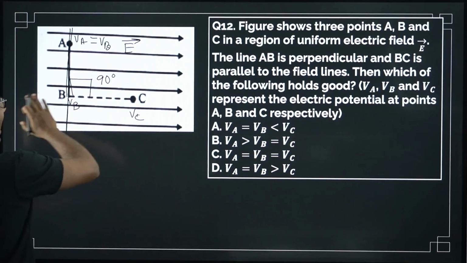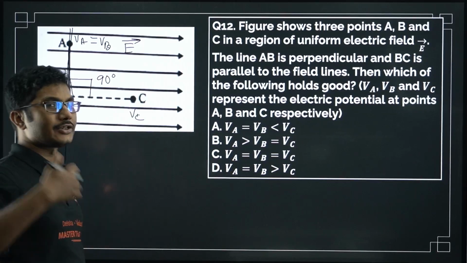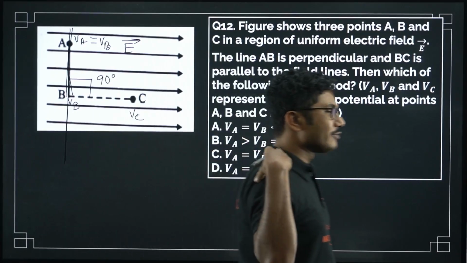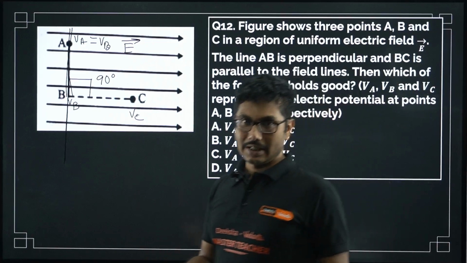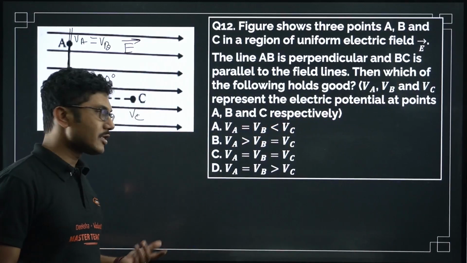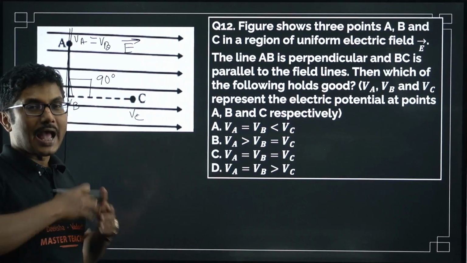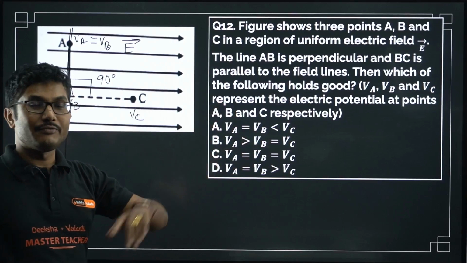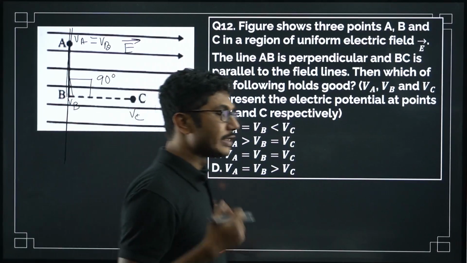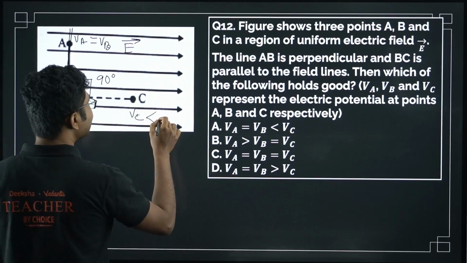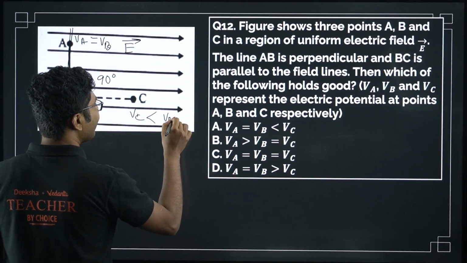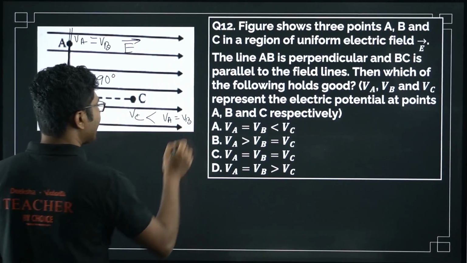As we move in the direction of electric field, electric potential decreases. E always points in the direction of decreasing electric potential. So VC must be less than VA, and VA must be equal to VB. That should be the relationship.